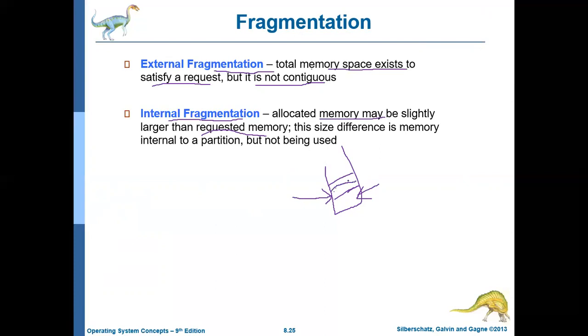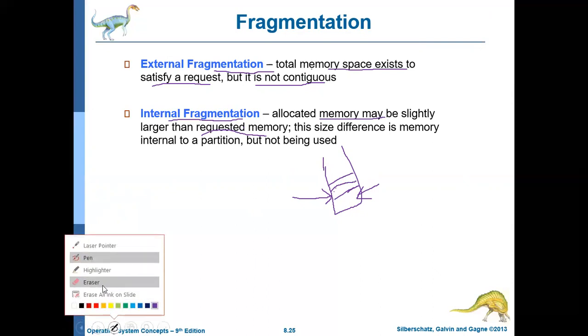If the process requests more, then you have to allocate more than one slot, and in the last slot there will be some fragmentation. So basically, internal fragmentation is created by fixed size partitioning, and external fragmentation is created by variable size partitioning.